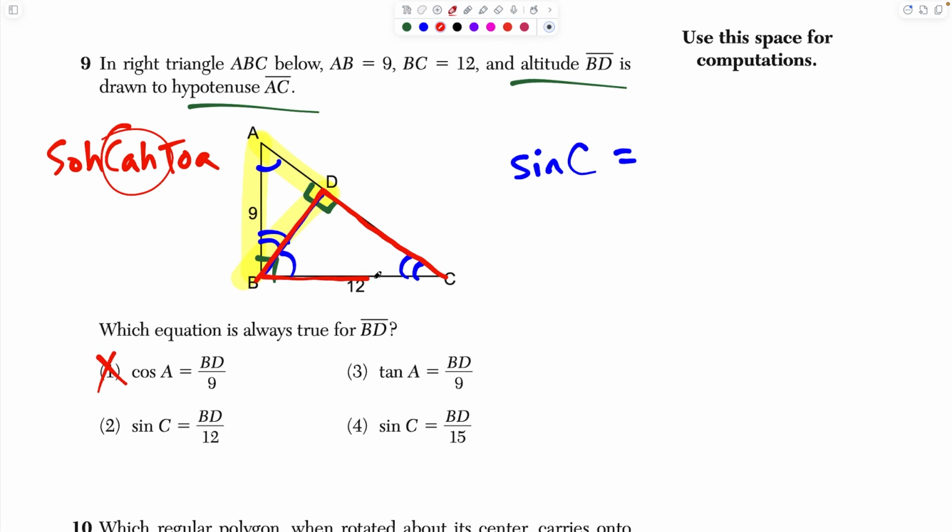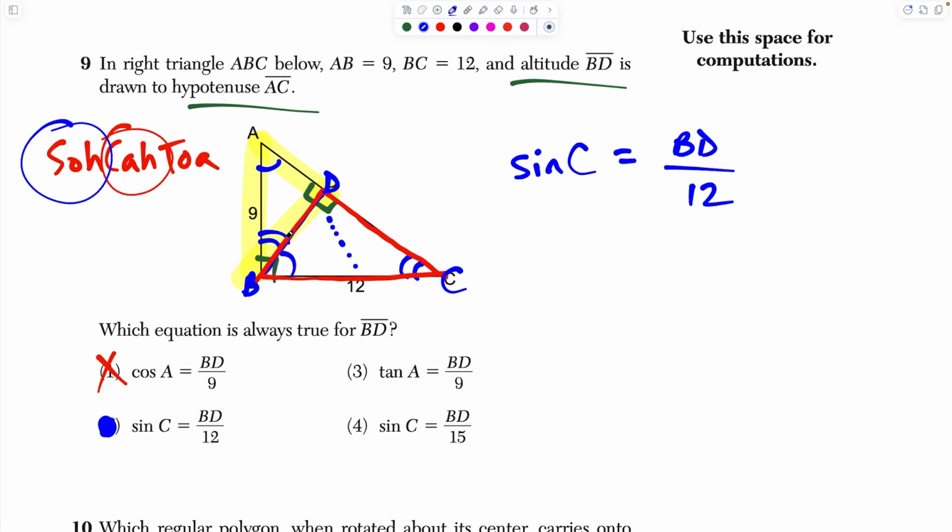If I apply the sine function here at C, well, sine is opposite over hypotenuse. Opposite of angle C is side BD. Okay, so BD is the side opposite. And then over the hypotenuse of this right triangle in red, which is across from this right angle, and the hypotenuse would be 12. So right away, choice 2 is good.